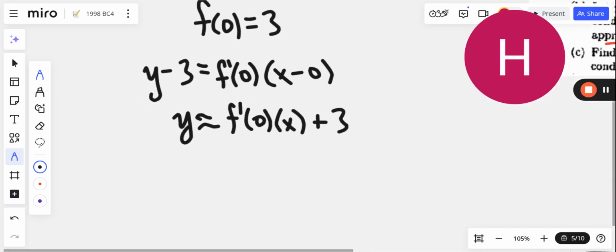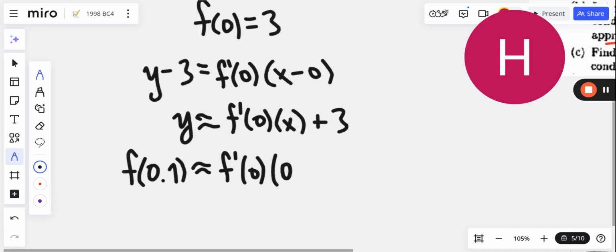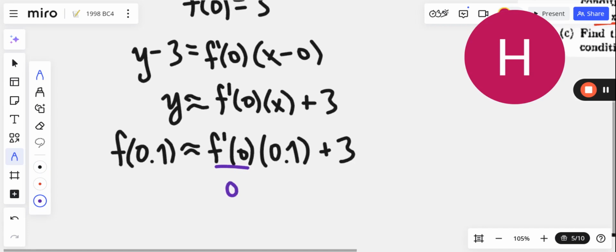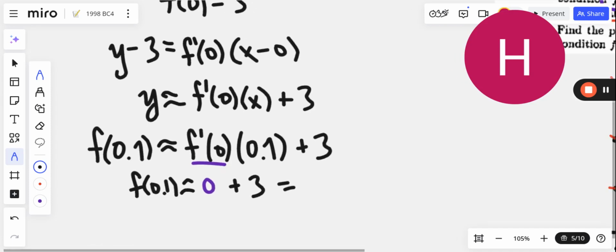Well, f prime of 0, if we want to approximate 0.1, it's going to be approximately f prime of 0 times 0.1 plus 3. But f prime of 0, that means x equals 0. That's going to give us a slope of 0. So our f of 0.1 is actually still 3.